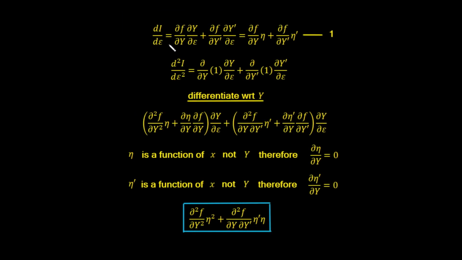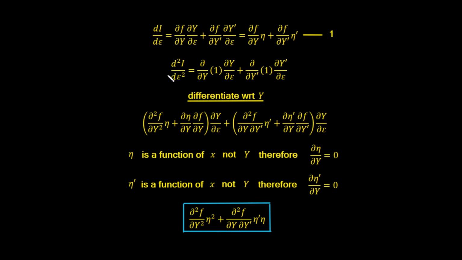On the previous page we found the first derivative of our functional, that's dI by d epsilon, and we got this value here. We'll call this first derivative equation number 1. Now we want to differentiate this yet again to get the second derivative, which is d squared I by d epsilon squared.